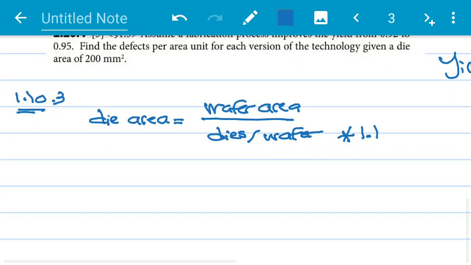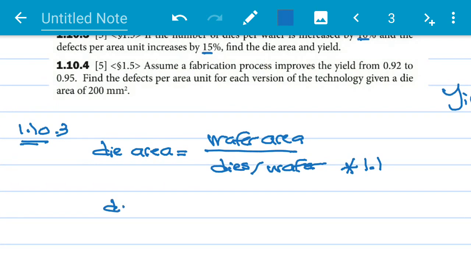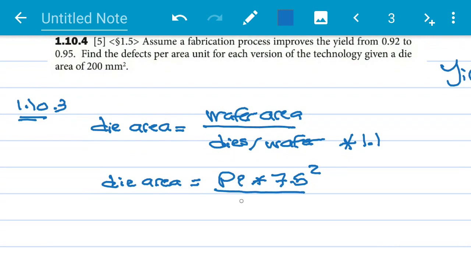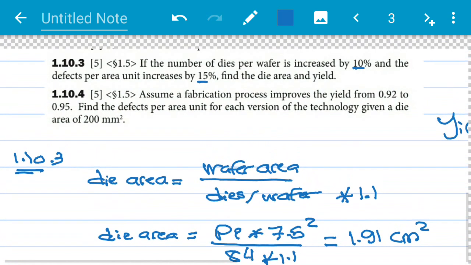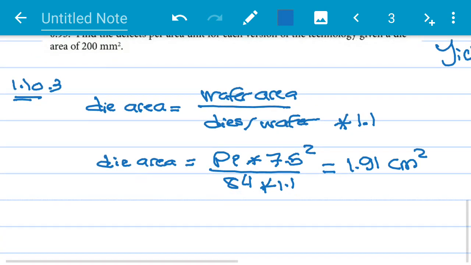So the die area is equal to wafer area, which is pi times 7.5 square again, over the dies per wafer, 84 times 1.1. That would result in 1.91 centimeter square. So here we got the first thing, which is the die area.